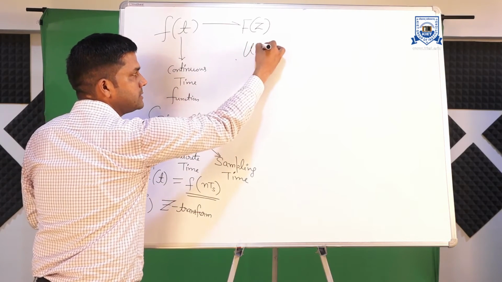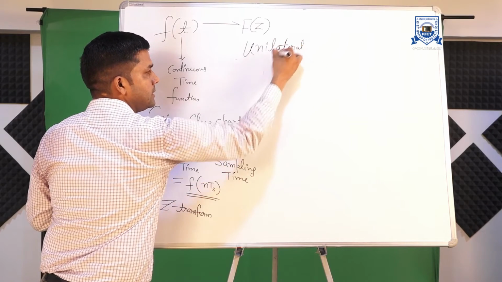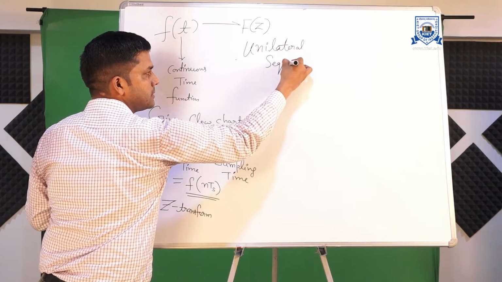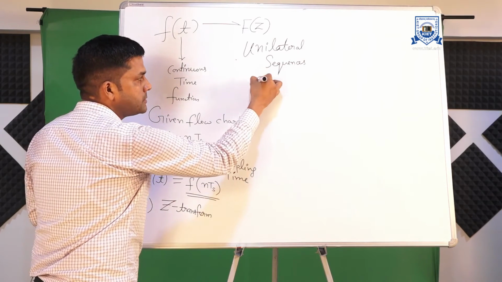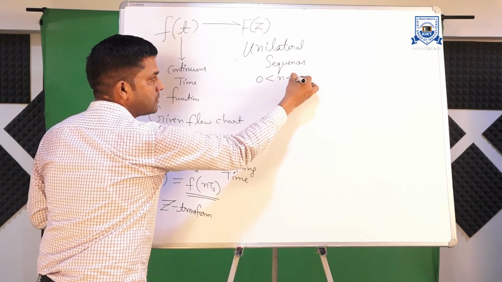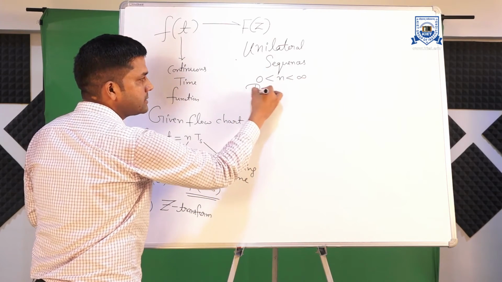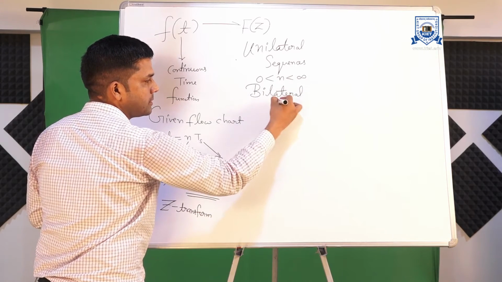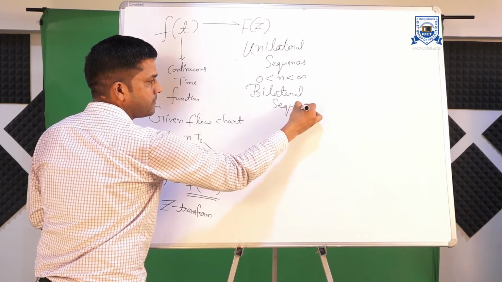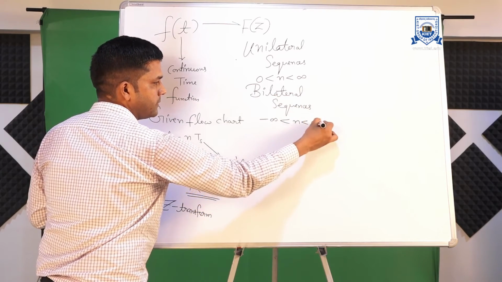Unilateral sequences are defined for 0 to n, and bilateral sequences are defined for minus infinity to plus infinity.